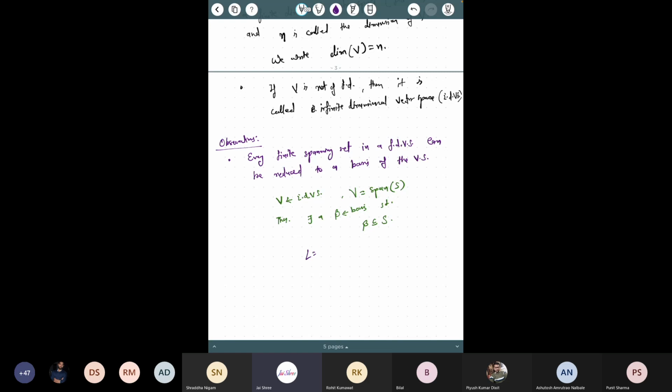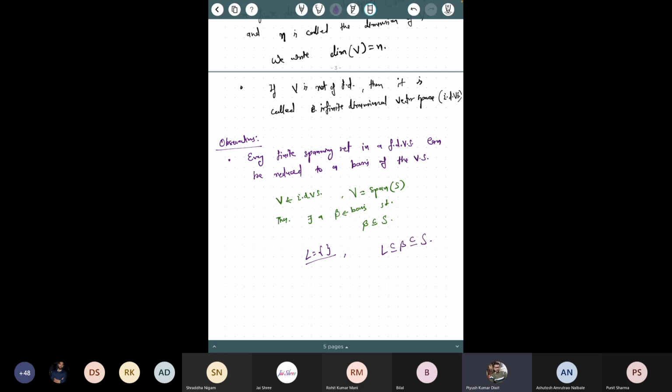So you take L as an empty set, and S is a spanning set given to you, and L is a subset of this set S. So there exists a basis B such that L is a subset of B, and B is a subset of S. Is it okay now? Sir, L is contained in S, so L is empty, no? Okay, the empty set is contained in every set, right?